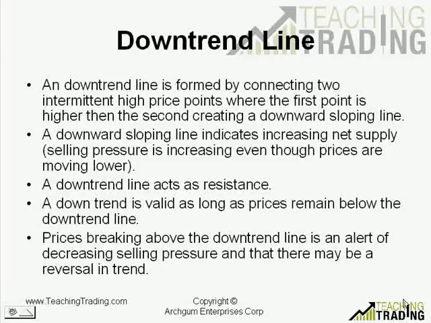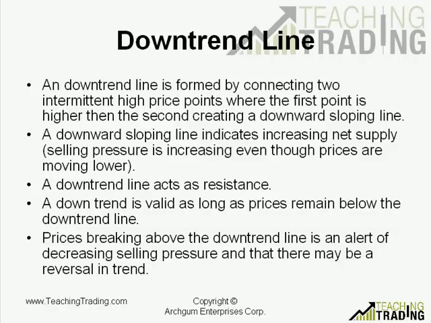Conversely, a downtrend line is formed by connecting two intermittent high price points, where the first point is higher than the second, creating a downward sloping line. A downward sloping line indicates increasing net supply. So selling pressure is increasing even though prices are moving lower.